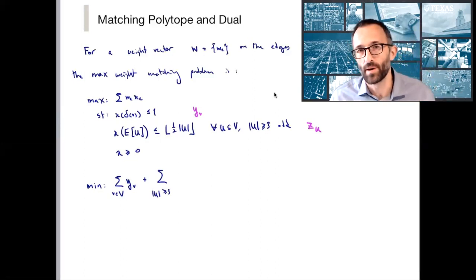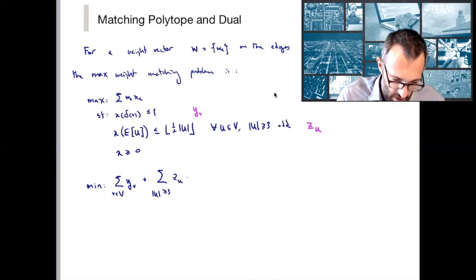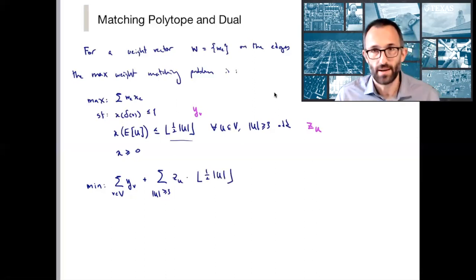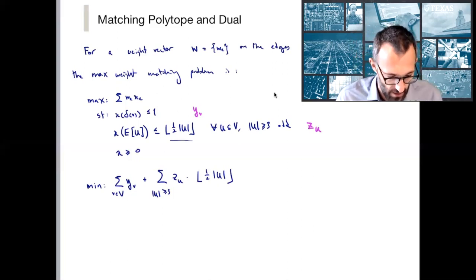I'm only going to be talking about odd subsets U of the dual variable ZU times the weight that's sitting right here on the right hand side, floor of 1/2 U. And again, as always, I would expect that you would practice and try to make sure that you can derive this dual. I mean, I know we all know the general formula that it's the dual variables P transpose A, some relation to the cost vector depending on the constraints. But again, doing that is an important exercise. I guess I'm saying obvious things.